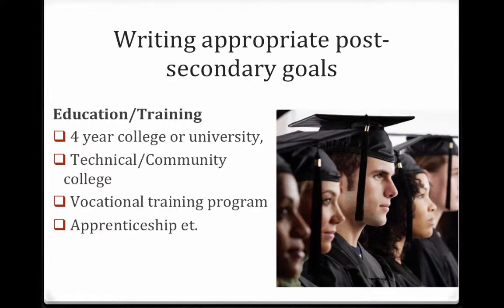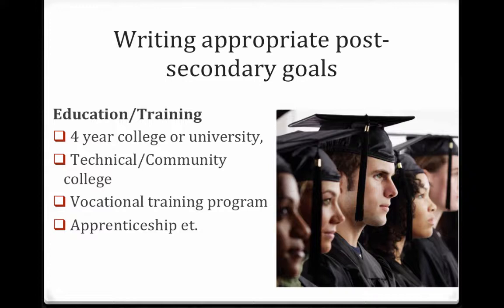When we're talking about writing appropriate post-secondary goals for education and training, depending on where that student's going, and remember we're talking about pathways again, not every pathway is the same for every student. So in this vision statement, as you're completing the visioning activity for this module, look at what this student's anticipated outcome is.